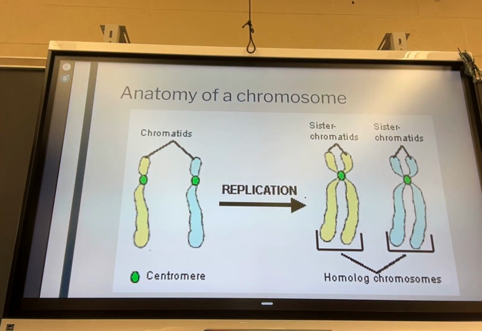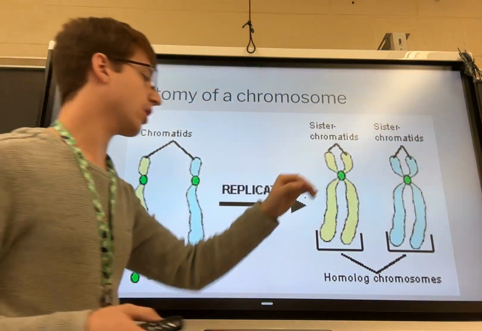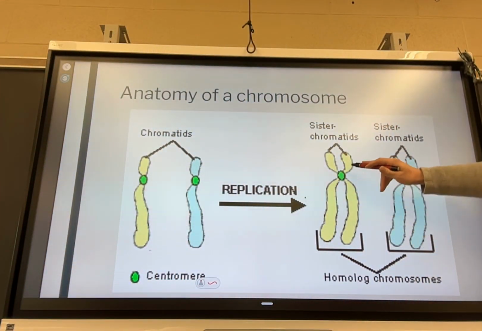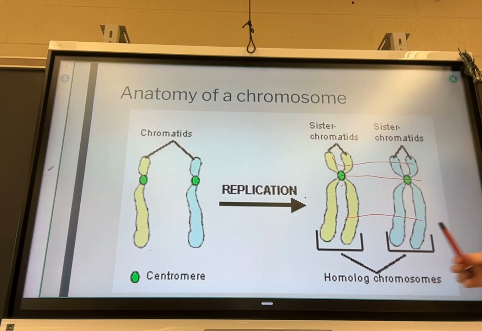The last thing that you need to notice, we have our chromatids. If we have two chromosomes that look exactly the same, have the same centromere, same arms and legs, these are going to be homologous chromosomes, which means that they are going to be the same.